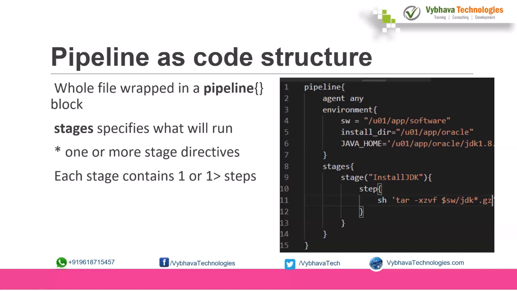Whenever you run this example, one stage runs with one step. Each stage will contain one or more steps. Okay, so that is the structure of how we can write a pipeline as code.